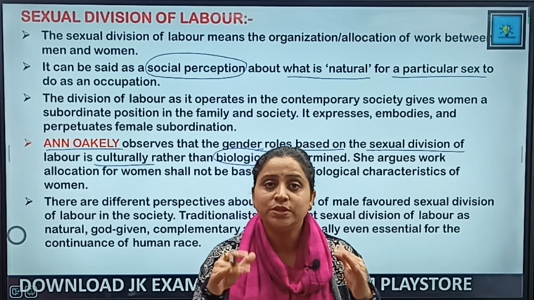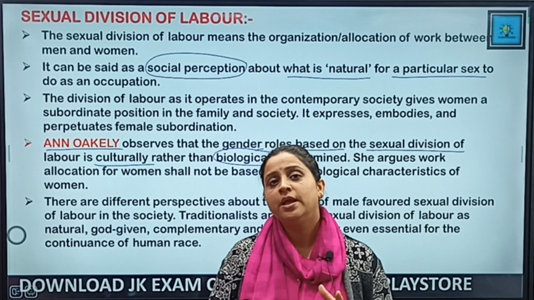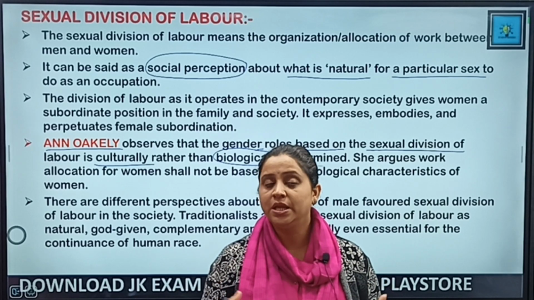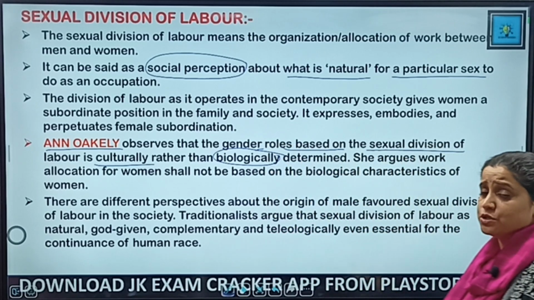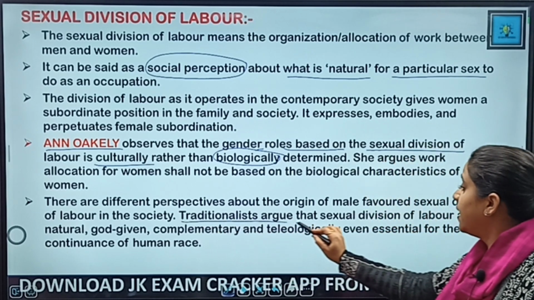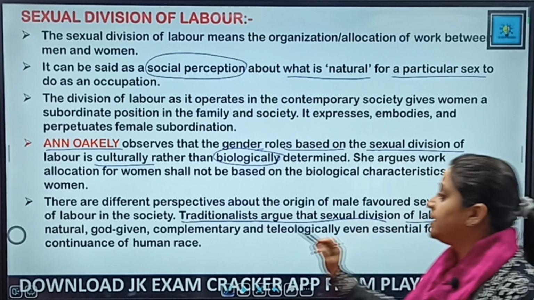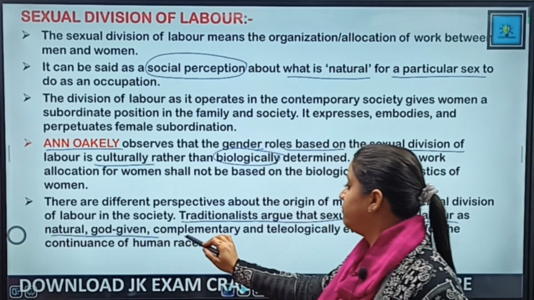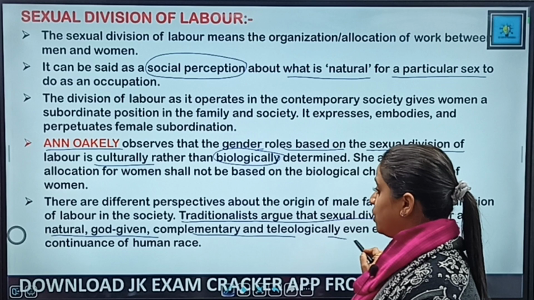It is like into this era of modernization that now women are getting equal rights in all the parts of the world. Fine.